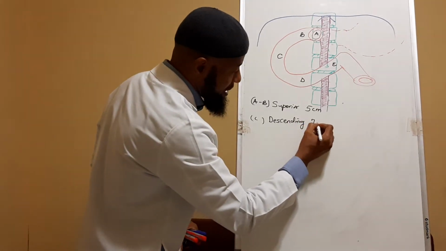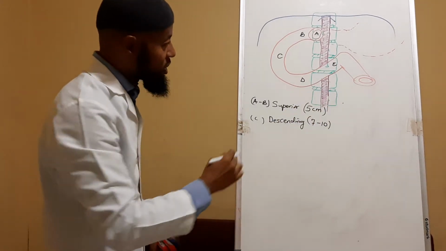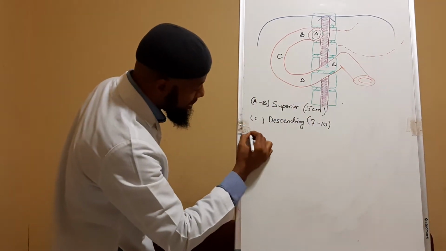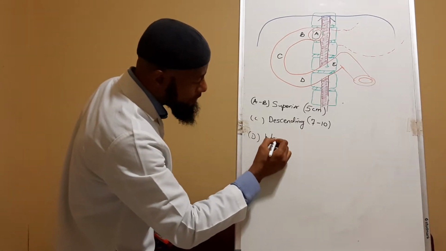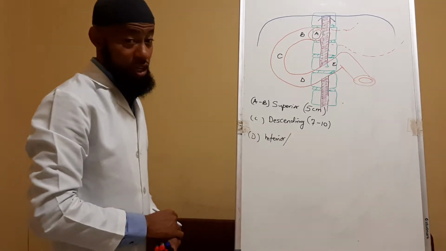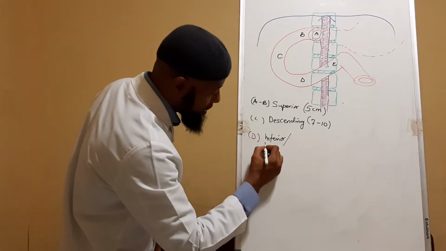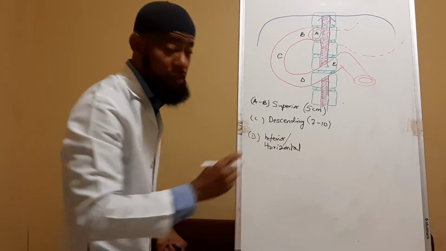It's approximately 7 to 10 centimeters in length. Then D, which is this portion here, you either call it the inferior part of the duodenum, or you can call it the horizontal part of the duodenum.